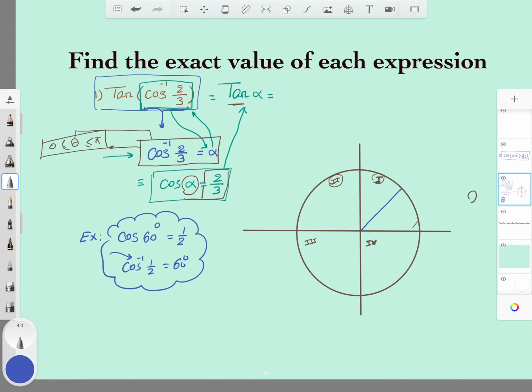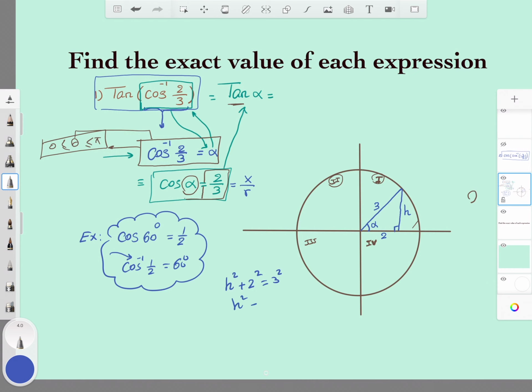So I randomly make a triangle and I label this alpha. Cosine of alpha is x over r. So this is 2 and r is 3. We solve for the height, or y. With the Pythagorean theorem, we have h squared plus 2 squared equals 3 squared.